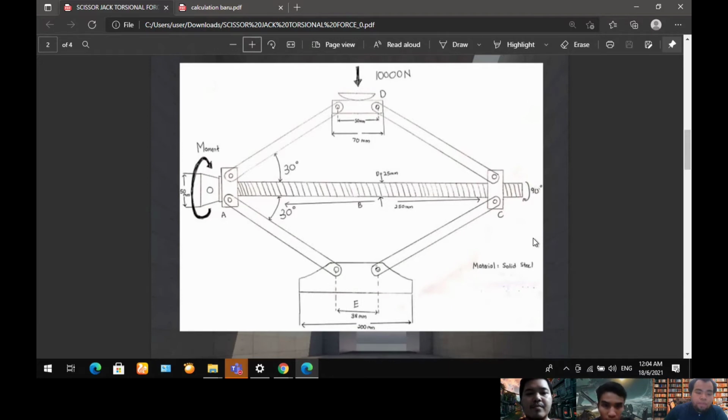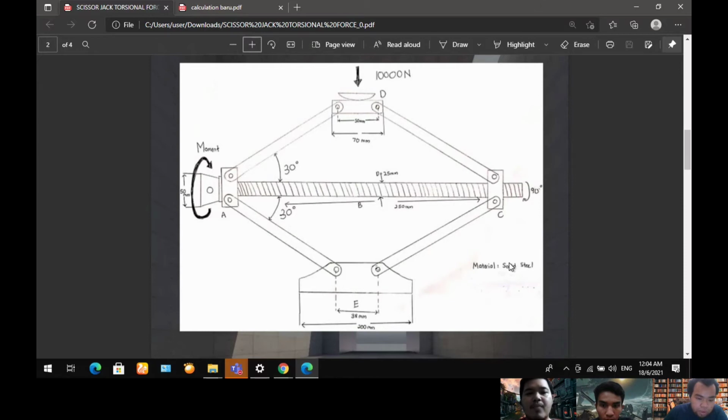Then various angles will result. For example, in our group, we selected 30 degrees, and there is also an angle of 90 degrees involved when we lift the car.